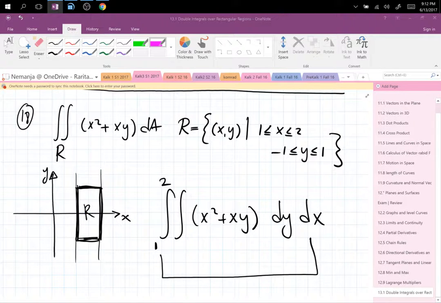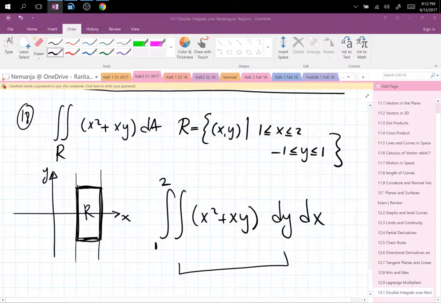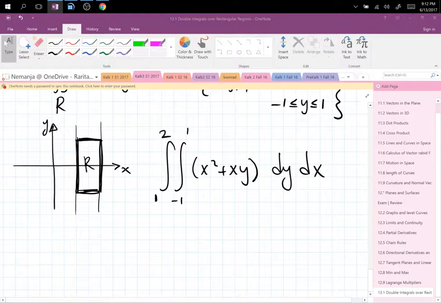The next order of business is to talk about the y. So the inner integral now, which is y. Y is the horizontal representative rectangle like that. And that one moves clearly from -1 to 1. So there's our setup.